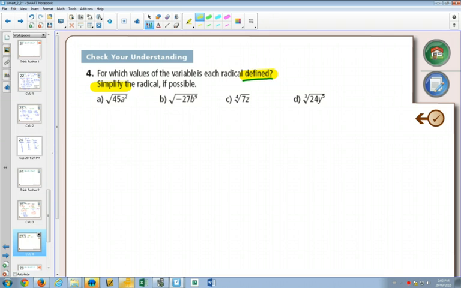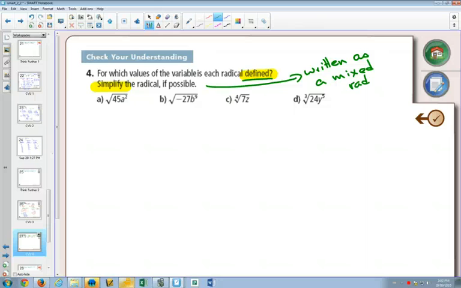A radical is considered simplified if it is written as a mixed radical. So somewhere along the line, we've decided that mixed radicals are simpler than entire radicals. And you saw a reason for that in our activity before, because if I asked you to add 2 root 3 plus 3 root 3's, it's easy to say that it's 5 root 3's.